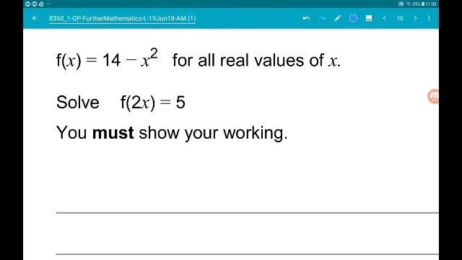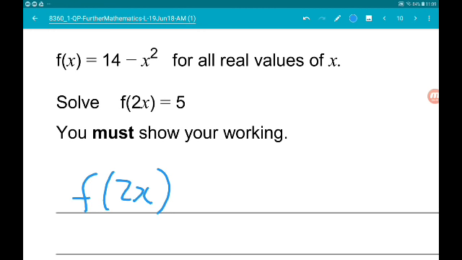So, f of 2x means that wherever there is an x in f of x, it becomes 2x. And whatever was happening to x is now happening to 2x.